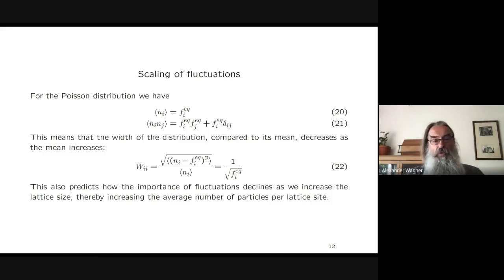So if you now look at larger numbers of particles per cell box, so if you make your delta x bigger, you have more particles in there, the relative fluctuations will decrease and it will eventually become a deterministic simulation. And the way they go away is with 1 over the square root of the number of particles in there. Okay. And that predicts how the importance of fluctuation declines as we increase the lattice size, thereby increasing the average number of particles per lattice site.